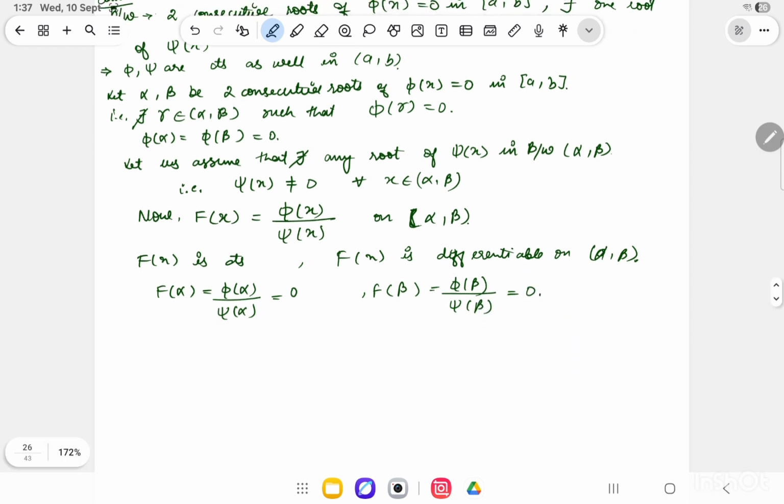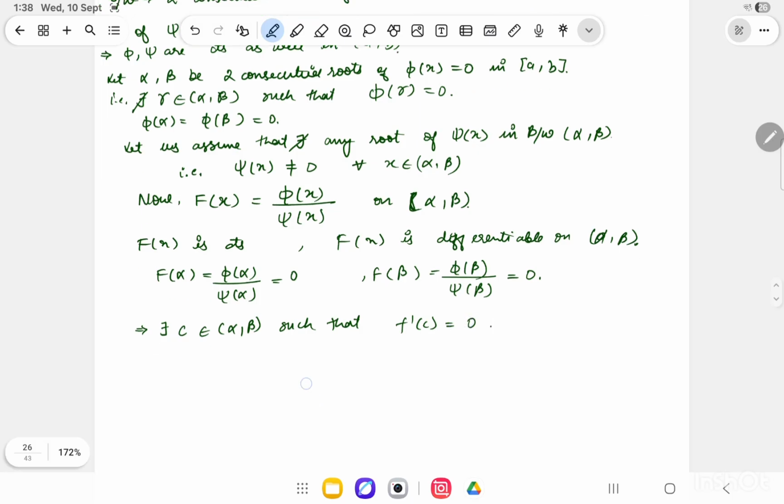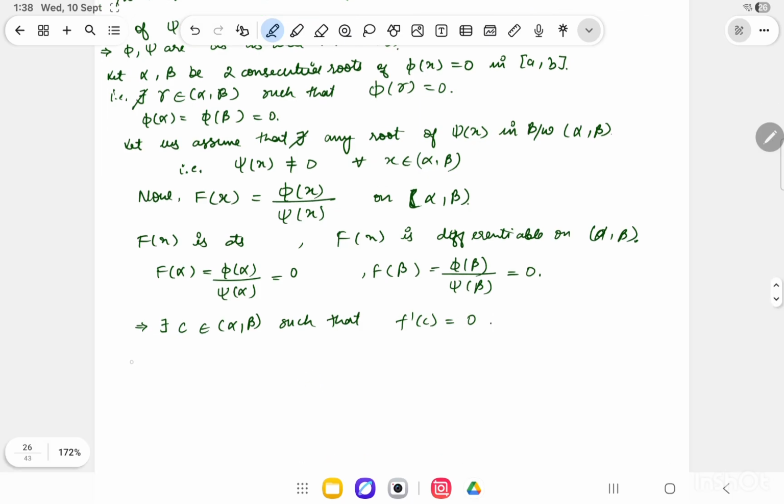So this satisfies the conditions of Rolle's theorem, so there must exist some c in between alpha and beta such that F dash c is equal to 0. If we find F dash c, we get phi c into psi dash c minus psi c into phi dash c, divided by psi c square.